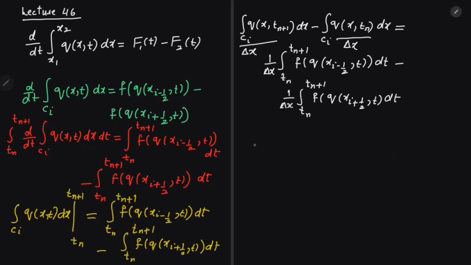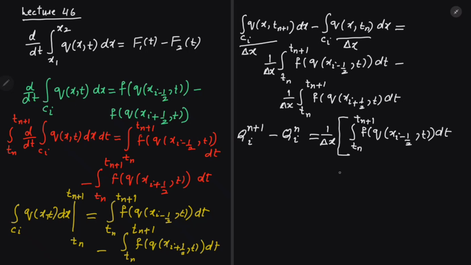Now it becomes Q^{n+1}_i minus Q^n_i, and the right hand side is 1 over delta x times the integral from tn to tn+1 of the flux q at x_{i-1/2}, t dt minus the integral from tn to tn+1 of the flux q at x_{i+1/2}, t dt. That's what we get.